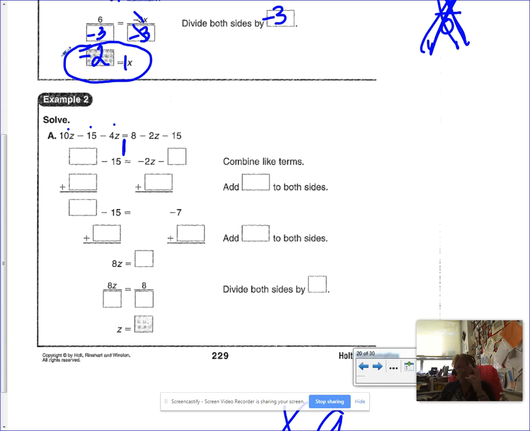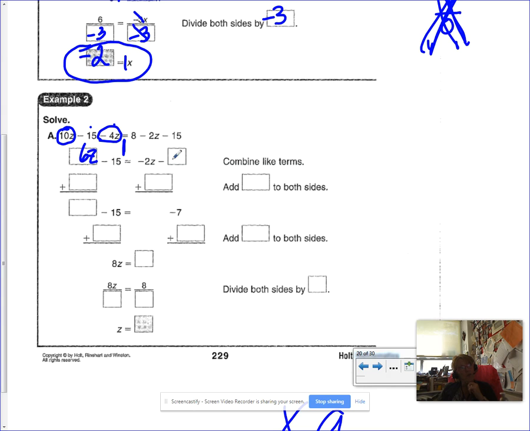You can get this down to just 2 terms because 10z and this minus 4z are like terms. So why not combine those two to give you 6z? Minus 15 just has to come on down because there are no other constants on that side of the equal sign.